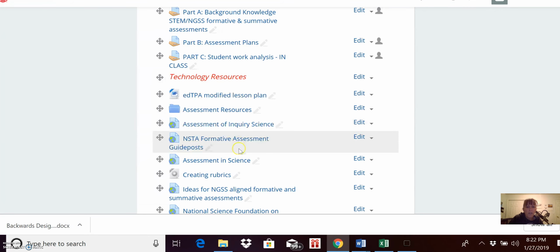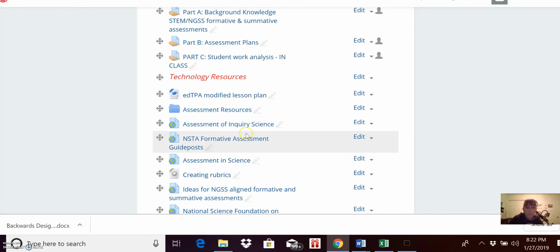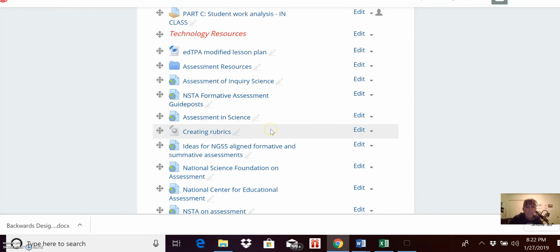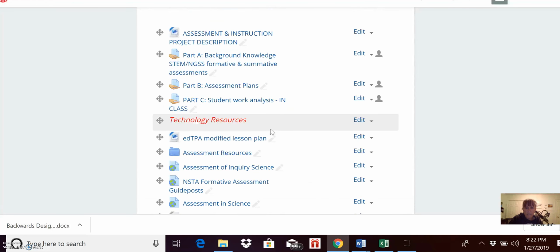So all of these are really great ideas for aligned formative and summative assessments in both the NSF and the NCEA provide information. So lots of different resources on using and assessing science, doing science instead of just learning about science.